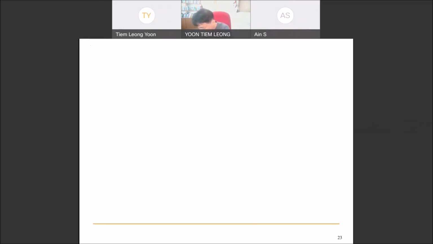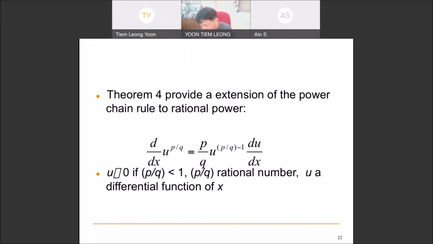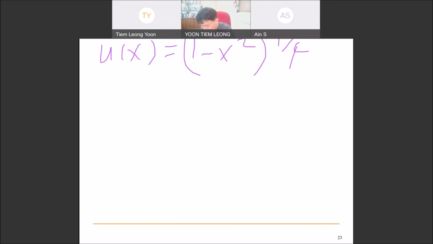So we have here a function of u, which is equal to 1 over x squared raised to the power of 1 over 4. Okay, so the formula that we mentioned earlier says this. No, I think this is not what it meant.